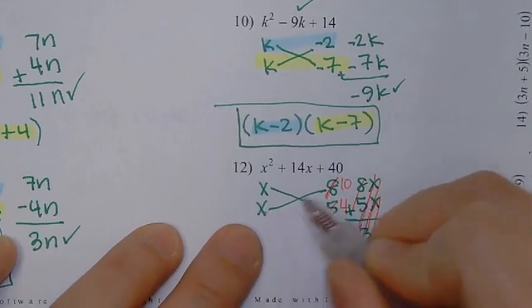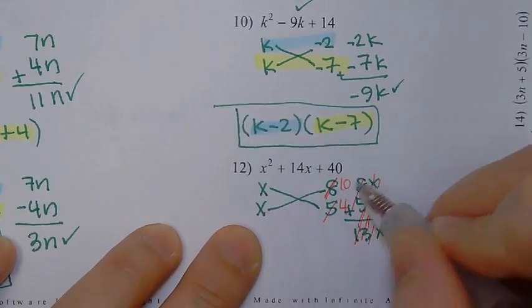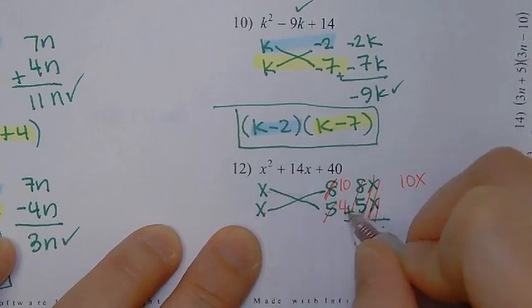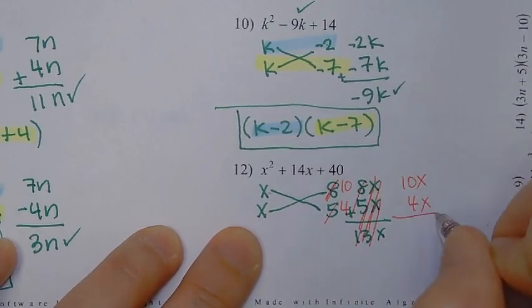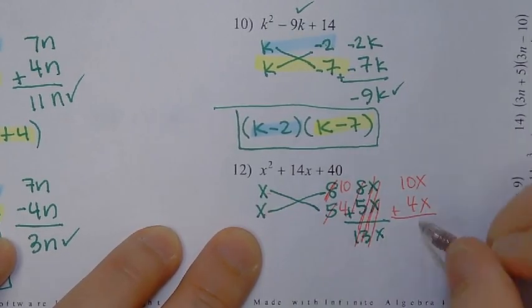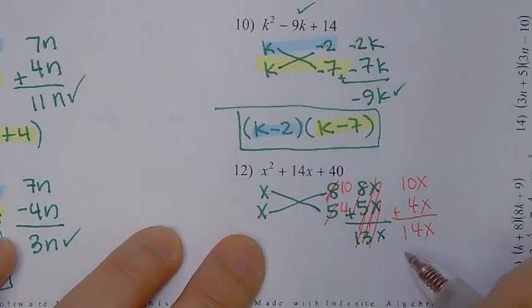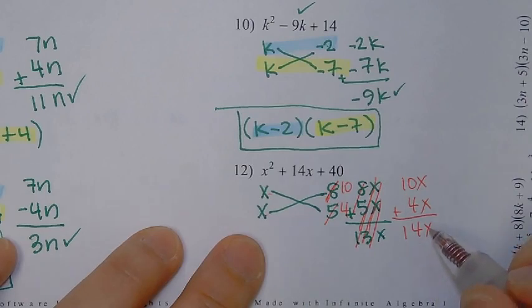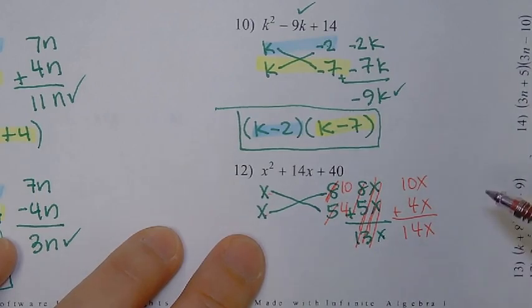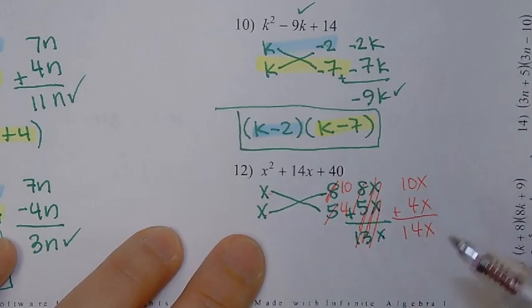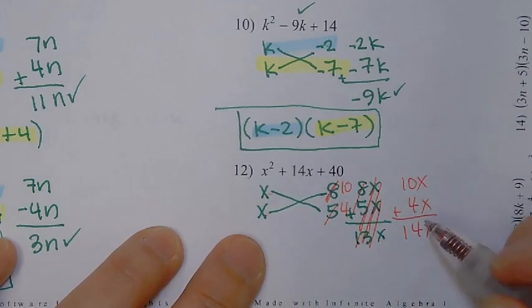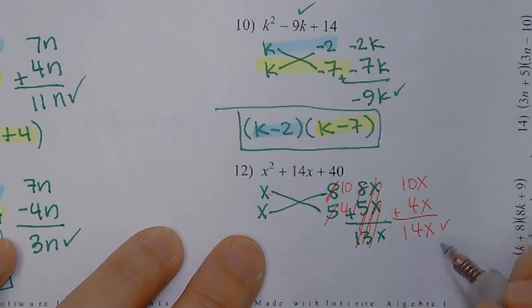Which means x times 10 is 10x. X times 4 is 4x. Ooh, here we go. See how I made a mistake? That's fine. It's just trial and error, right? And this is how we figure it out. You won't always get it right the first time, especially in the beginning. But you will learn which numbers work better and how to look at the numbers so you can predict it.